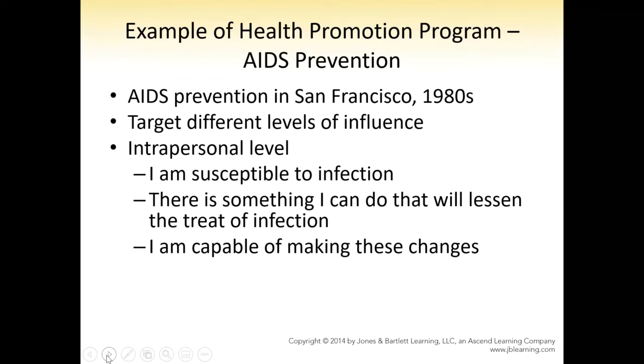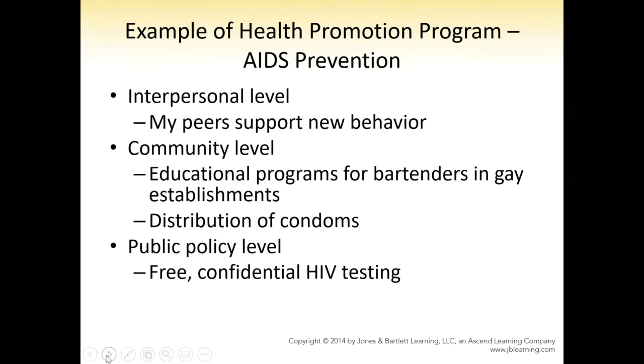At the intrapersonal level, they were trying to show people who engaged in risky sexual behavior, at this time mostly men who have sex with men, that they are susceptible to infection, that this is a risk to them, that there is something they can do to reduce that risk, use a condom, and that they are capable of using a condom in risky behavior.